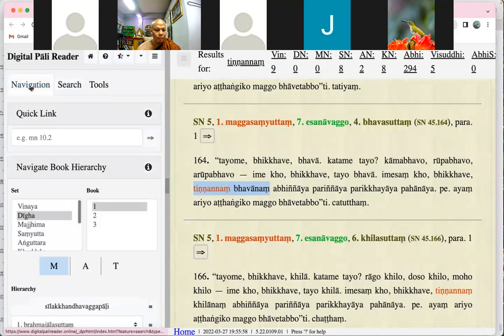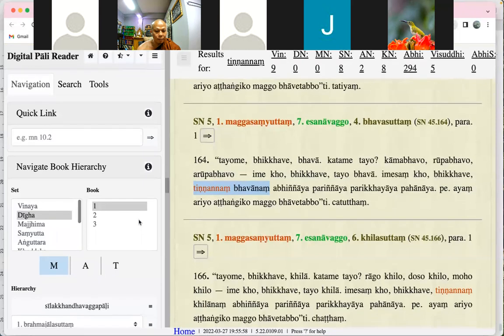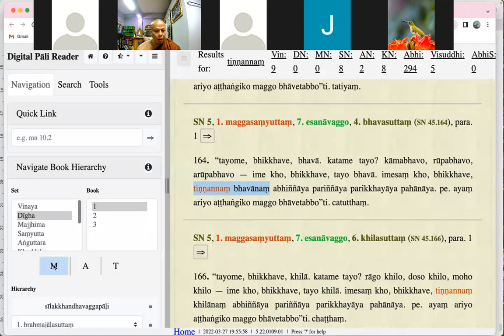M is Mula, the Pali Canon. A is aṭṭhakathā, the commentary. T is the sub-commentary.